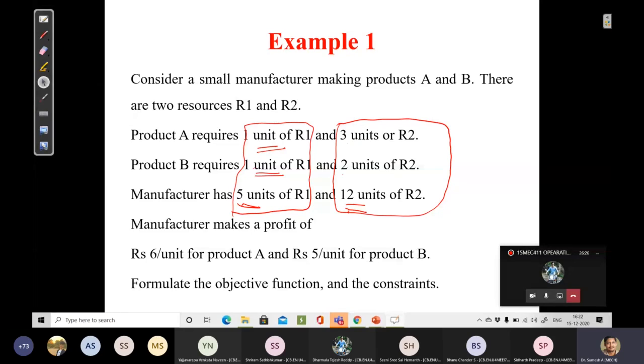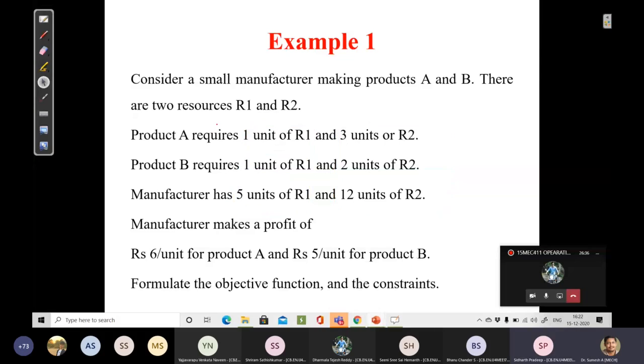Is that clear? Yes, sir. Anybody having any doubts? No, sir. Clear. Okay. If that is the case, the second problem.